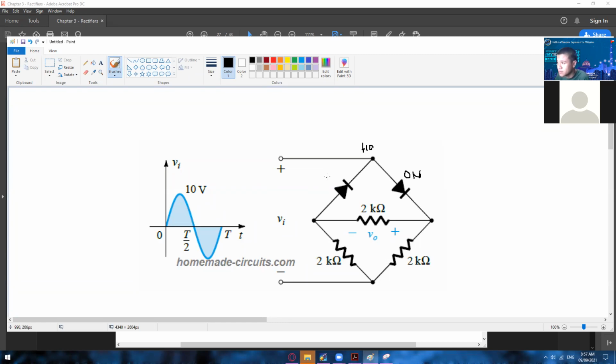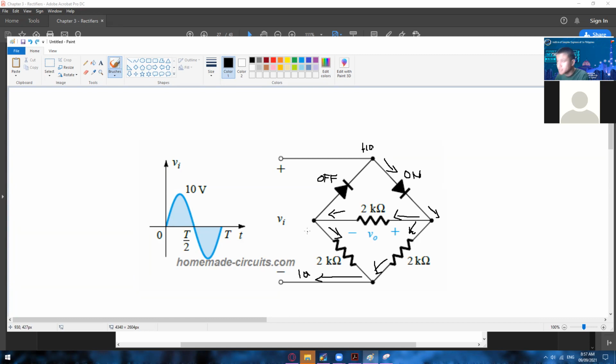And then this one is off, since we have a positive to negative and then negative to positive, so reverse bias. As a result, for the positive cycle, it will flow right here, and then it will split into two, since we have the same value of resistance. Some will go here and some will go here, and then they will meet again right here, and as a result, we have the 10 volts right here.